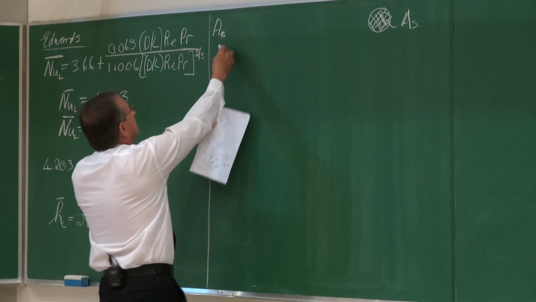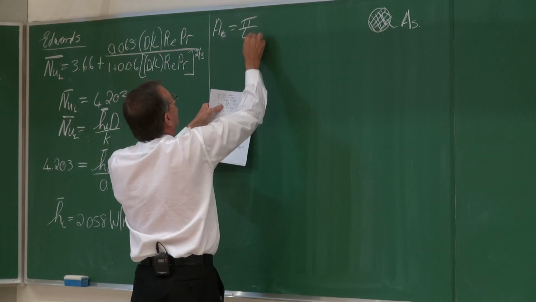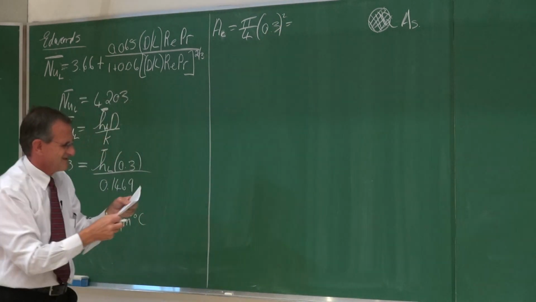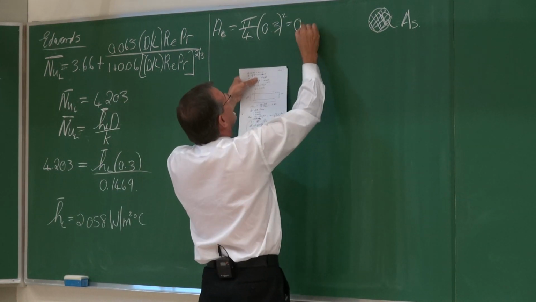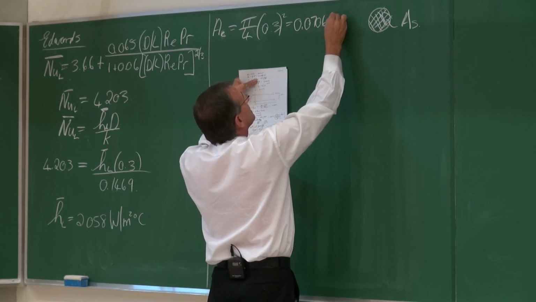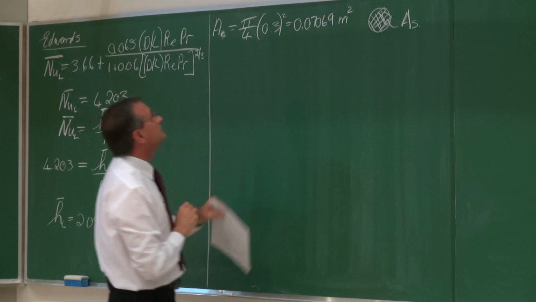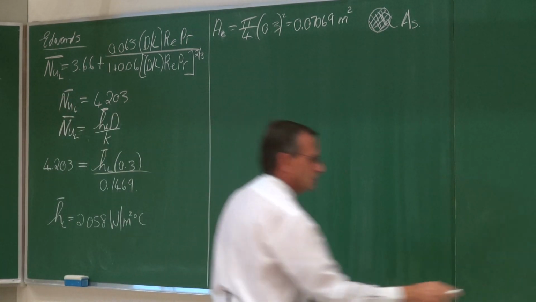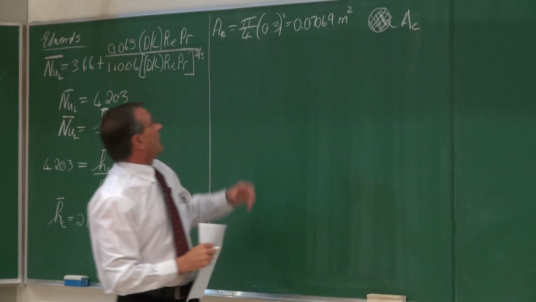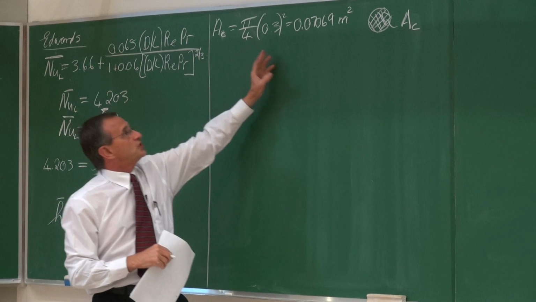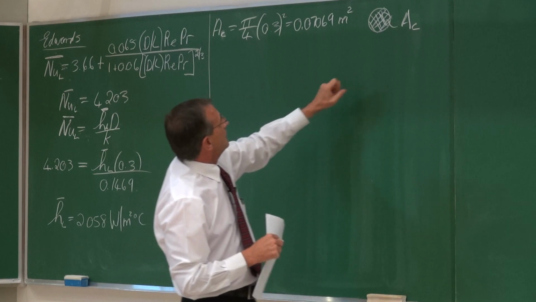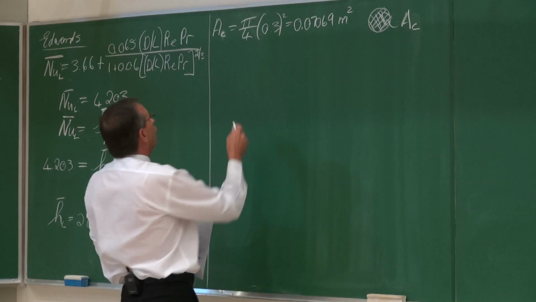AC is equal to pi divided by 4 multiplied by the diameter squared. And if we calculate it, it is equal to 0.07069 square meters. AC, the cross-sectional area through which the flow occurs, is pi divided by 4 d squared.